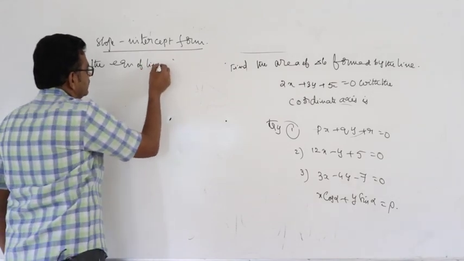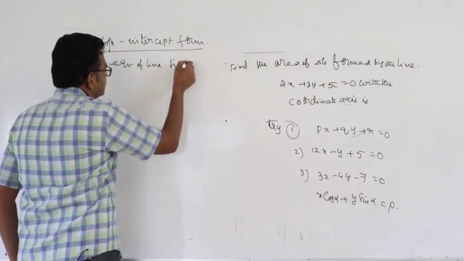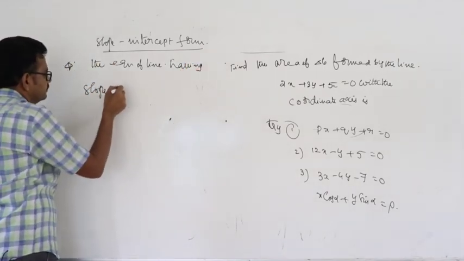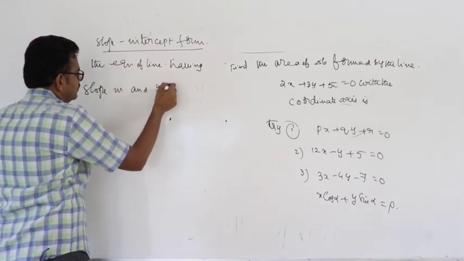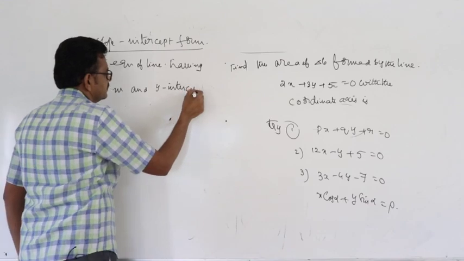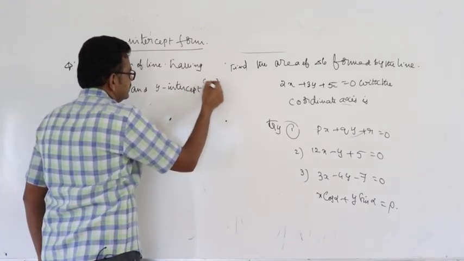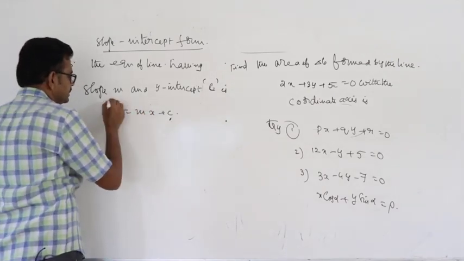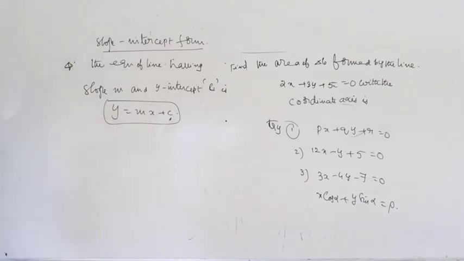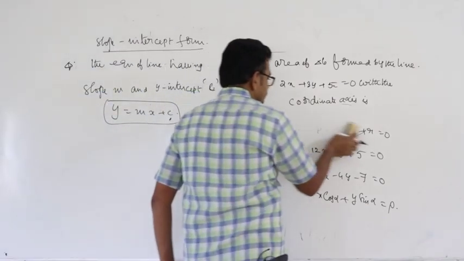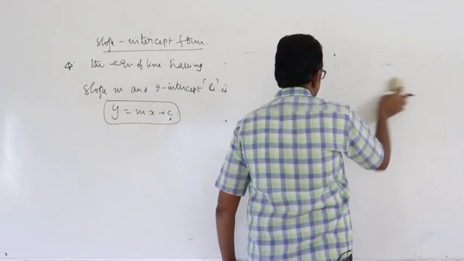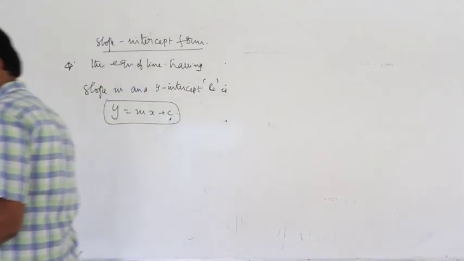Equation of straight line having slope m and y intercept c is y is equal to mx plus c.